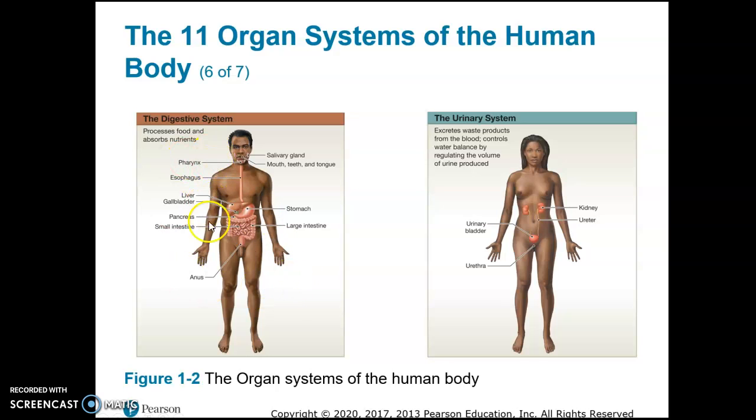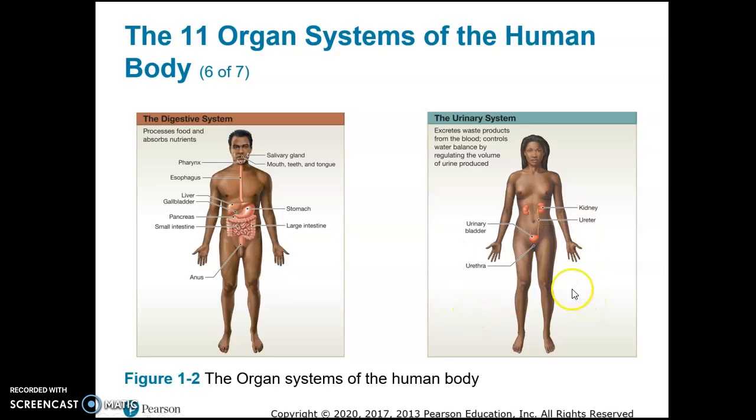And of course, this is for digesting and processing food and absorbing the nutrients into our bloodstream, so that all the cells of our body can get the nutrients that they need, and the oxygen, oxygen's from the respiratory system. The nutrients would be like glucose and amino acids and fatty acids and things like that.